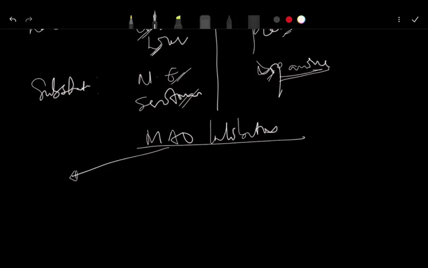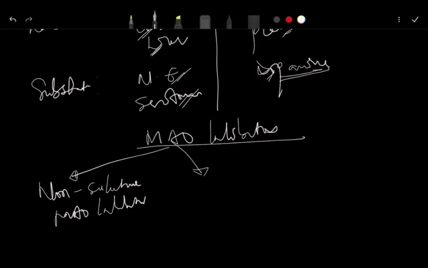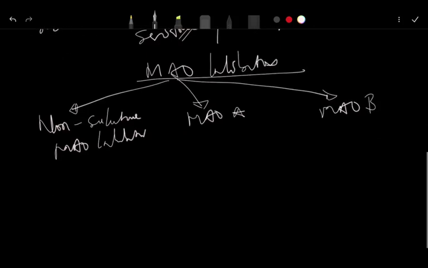The first one is what we call the non-selective MAO inhibitor, while there's one that is specific for MAO-A, and another that is specific for MAO-B. Are you there with me? So non-selective, selective for MAO-A, and selective for MAO-B.